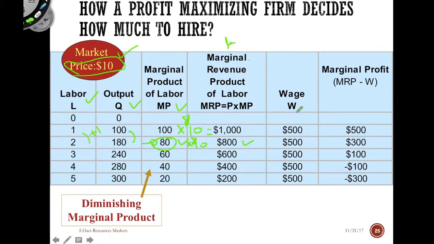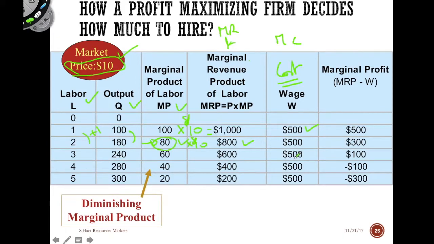Now let's compare this to how much these workers cost. So this, in a way, is the marginal revenue of these workers, and this will be the marginal cost. Each additional worker costs $500 a week. So if you look at this, how many workers should this company hire?